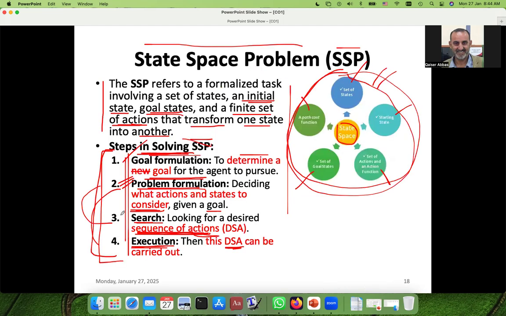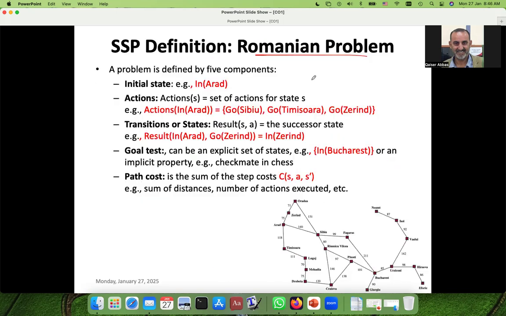We have taken the understanding of it, but the problem definition is identifying these 5 things: starting state, goal state, set of actions, set of states, and the path cost. Identifying these 5 things about a problem is called problem definition. So this is easy. Now, the problem definition for this Romanian problem: what is the initial state?